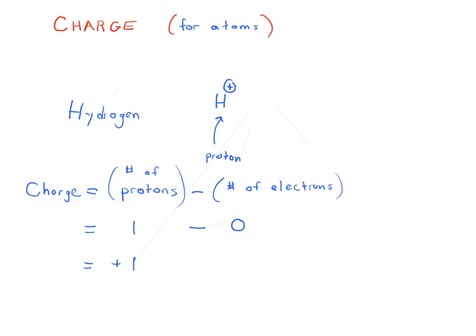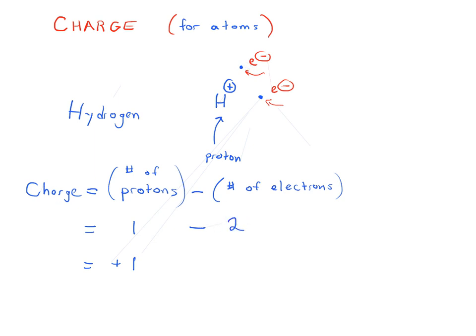Now, instead of having no electrons whatsoever, imagine we had a hydrogen with 2 electrons around it. I'm just roughly drawing things in here. In this case, what would be the charge on our hydrogen? Well, we still have one proton, so that doesn't change. In fact, the nucleus is one of the things that, for our purposes, will not change very much unless you're dealing with radioactive processes. And we have 2 electrons.